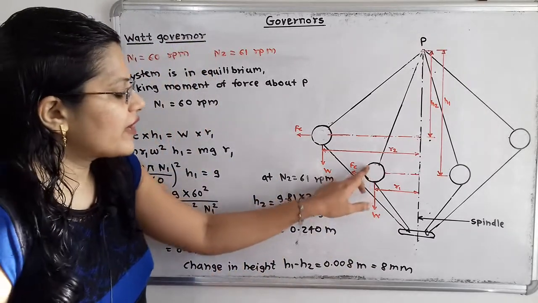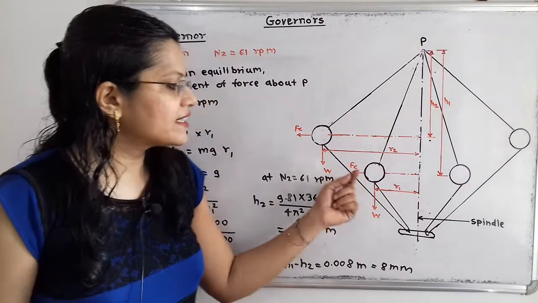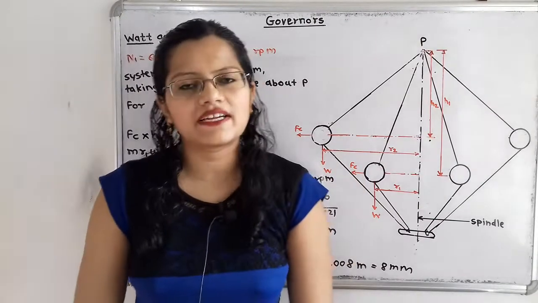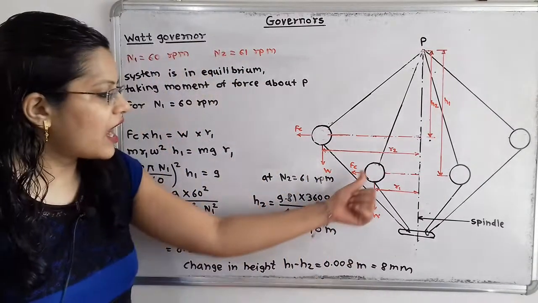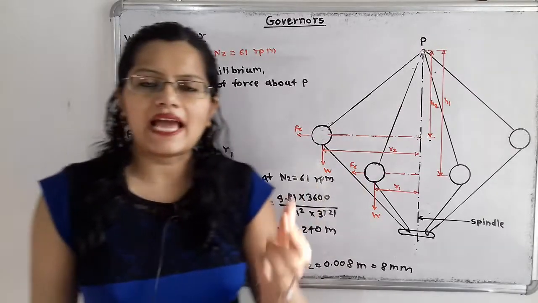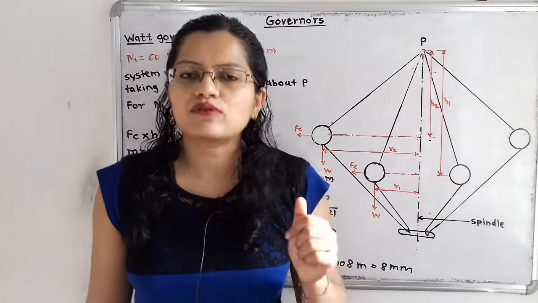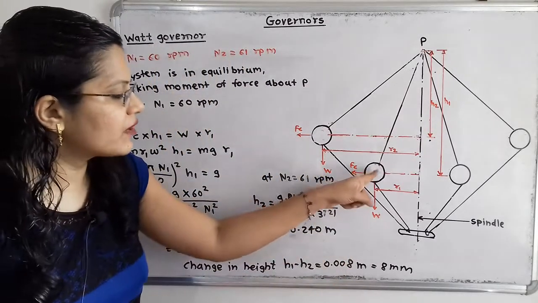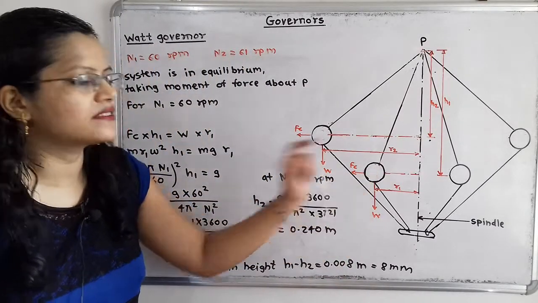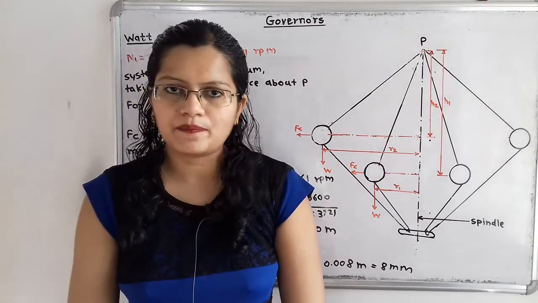When the fly balls rotate, the centrifugal force acts in the radially outward direction, and the fly ball has mass m, so its weight acts vertically downward through the center of the fly ball.